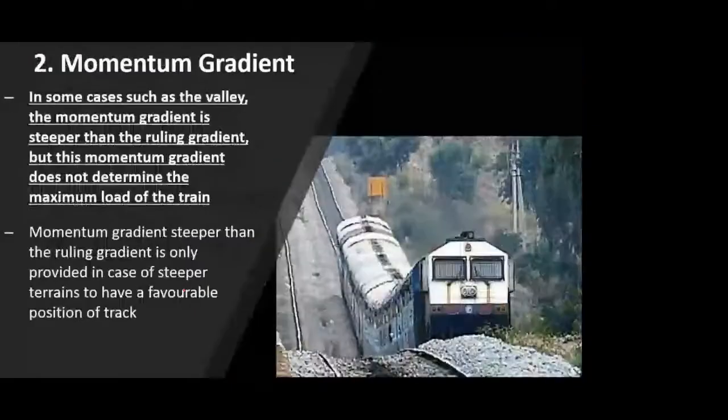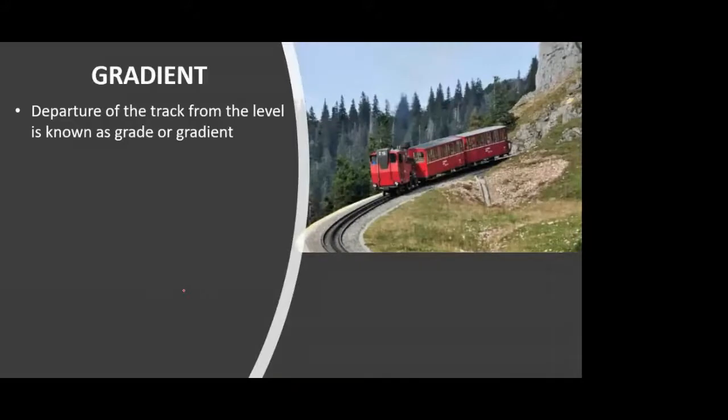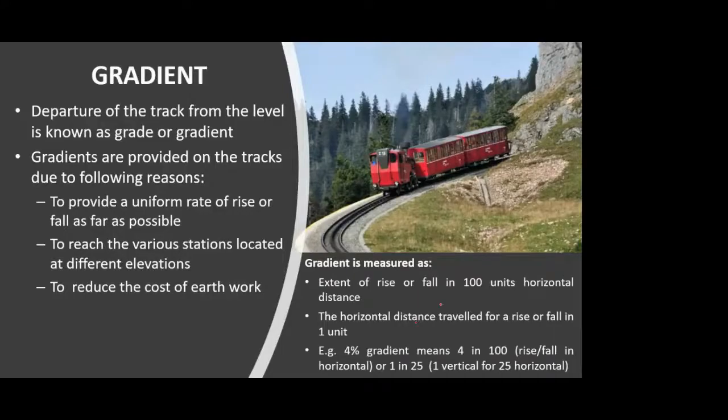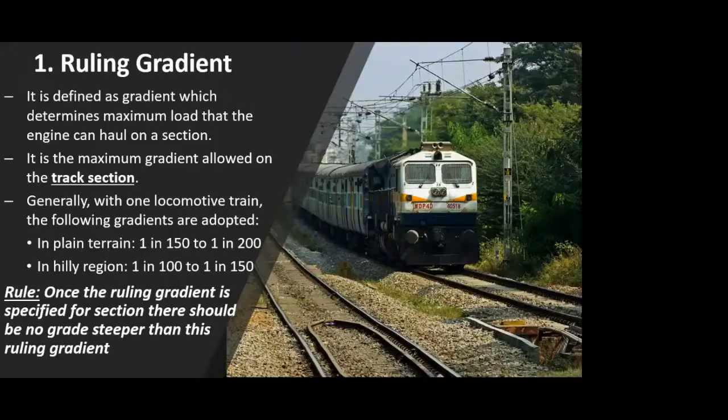I hope you have understood. Just to revise, gradient is nothing but departure of track from level, and we provide it mainly for these reasons: if you have stations at different elevations and you want to reduce the cost of earthwork, you go for gradient. You have different ways of expressing it. Then we saw the types.